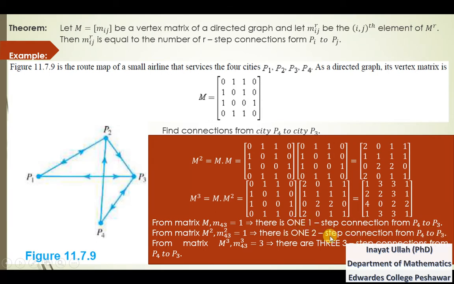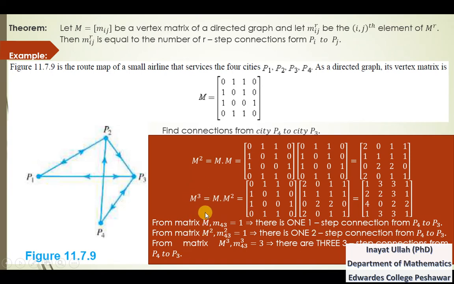Taking 2 steps to reach from P4 to P3, and practically, if you see here, you can move from P4 to P2 and then from P2 to P3. So there is one two-step connection from P4 to P3.